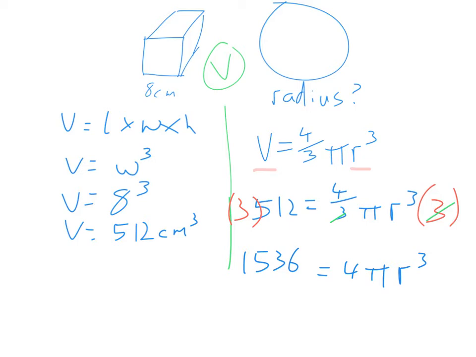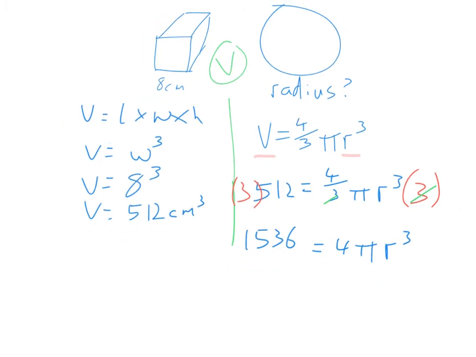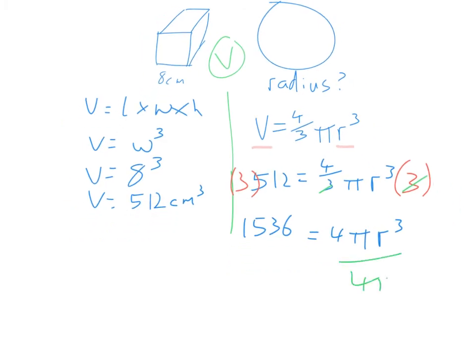Now we're going to try and get r by itself. That means we need to get rid of our 4 pi, so we'll do that by dividing both sides by 4 pi. On the right hand side this will cancel. On the left hand side, actually I think we will probably have to get this as a decimal, because we're dividing by pi, it doesn't work out as nicely.